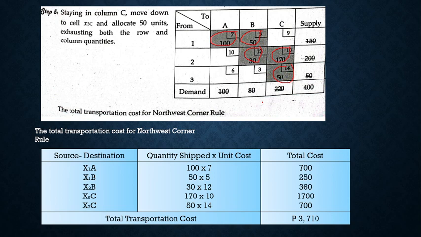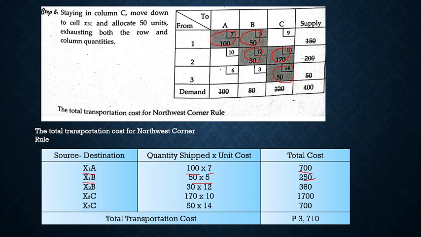So, the total transportation cost for the northwest corner, so the source destination, ito yung mga source destination, the X sub 1A, okay, 100, and they need 7, okay, so 7. So 100 times 7. So total of 700. Okay? The X sub 1B, so 50. 50 times 5. Okay? Ito.